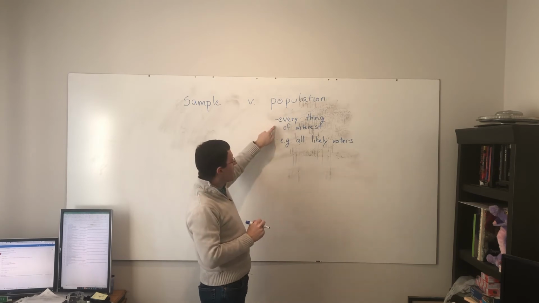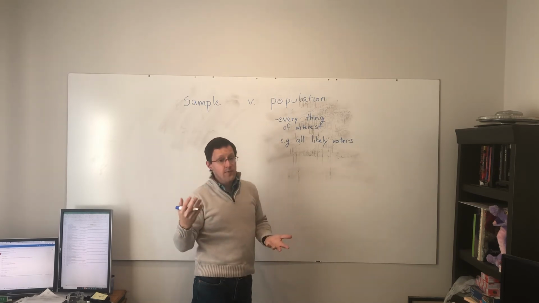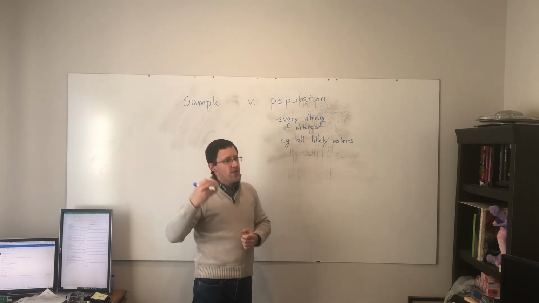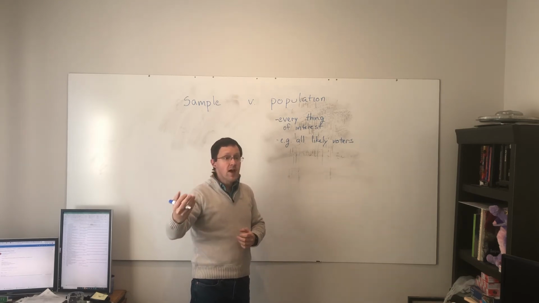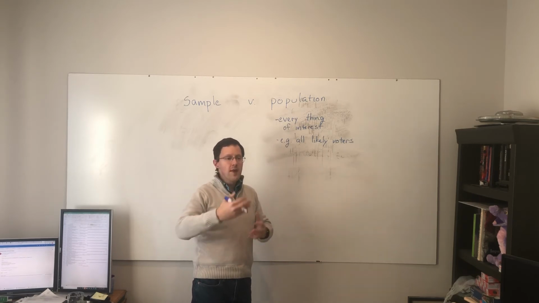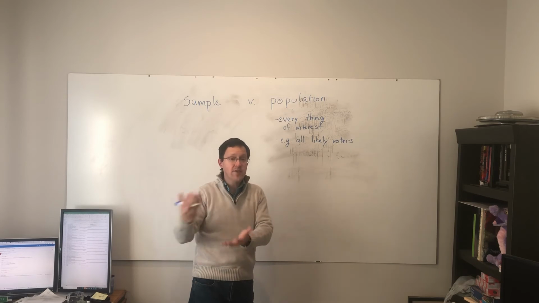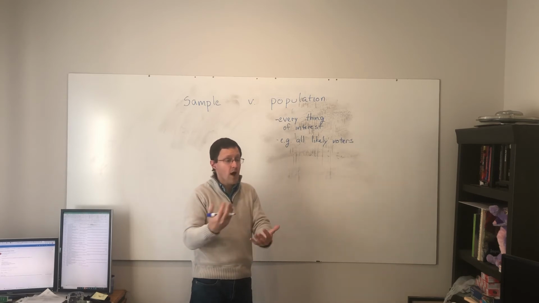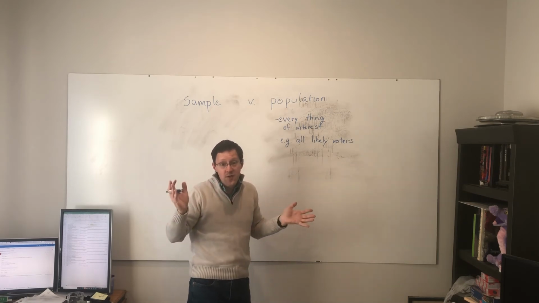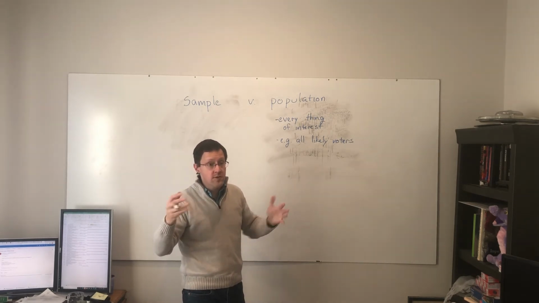So a very general phrasing of what is a population is it's everything that is of interest. That thing could be a person, that thing could be a bird, that thing could be a tree. There are many things that we could be studying. It's basically any object of study based upon whatever your problem is, to revisit that process.